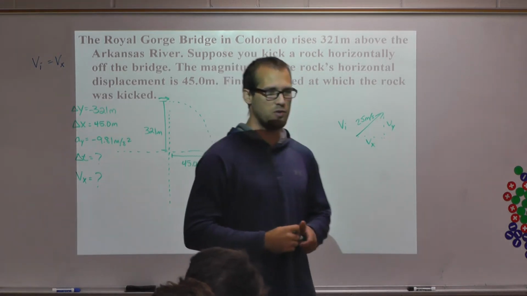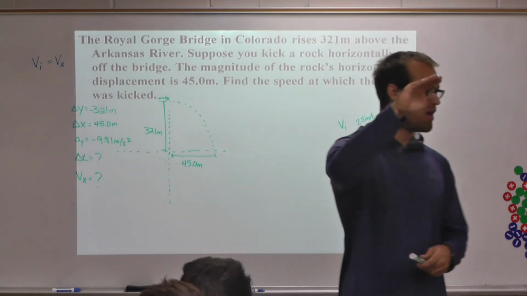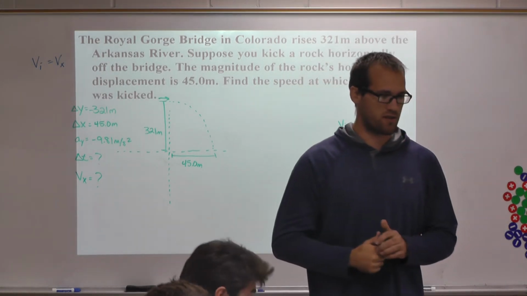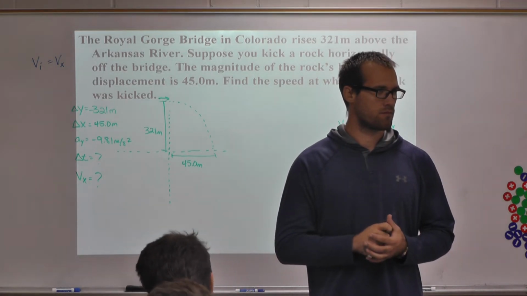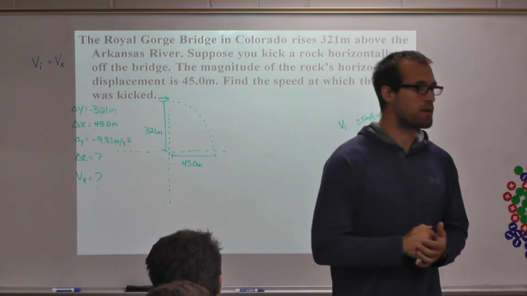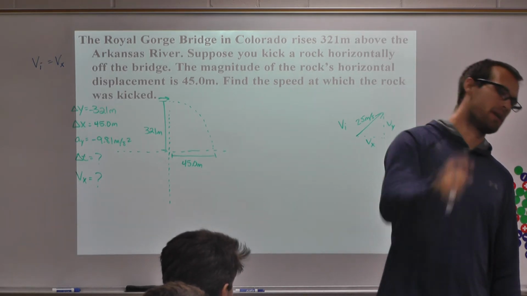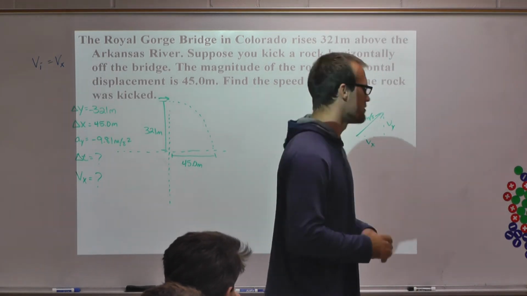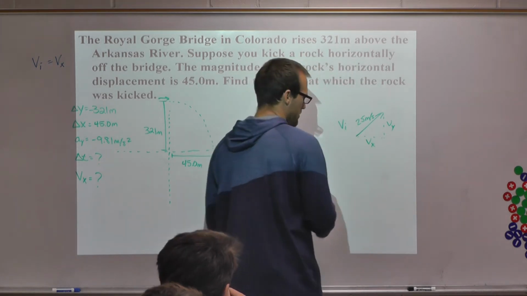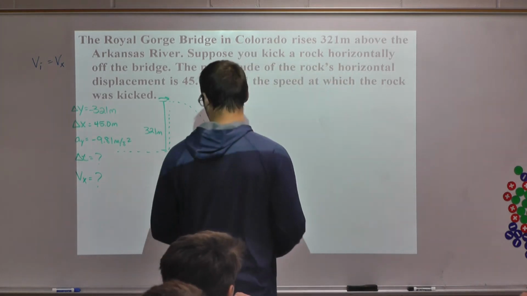Until you get to projectiles at an angle, we can assume that they're the same. Even if it goes up and down, wouldn't Vi be Vy then, not Vx, if it was shot straight up? If it was shot straight up, yes. We won't ever do one that's just shot straight up, I don't think.